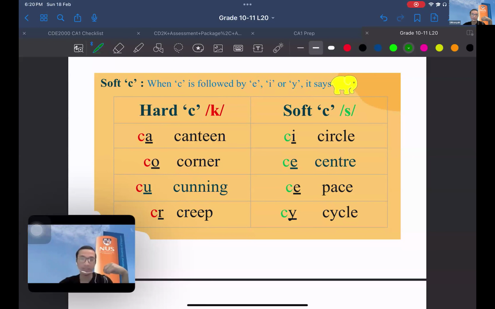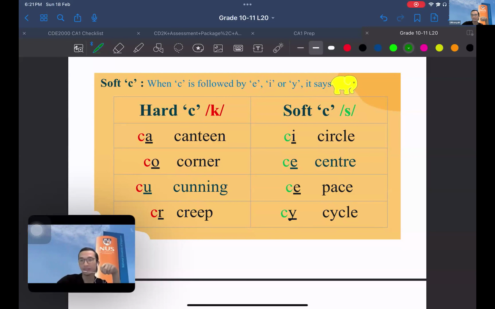Then we have CO, which we say as corner. CU is cunning, and then CR is creep.